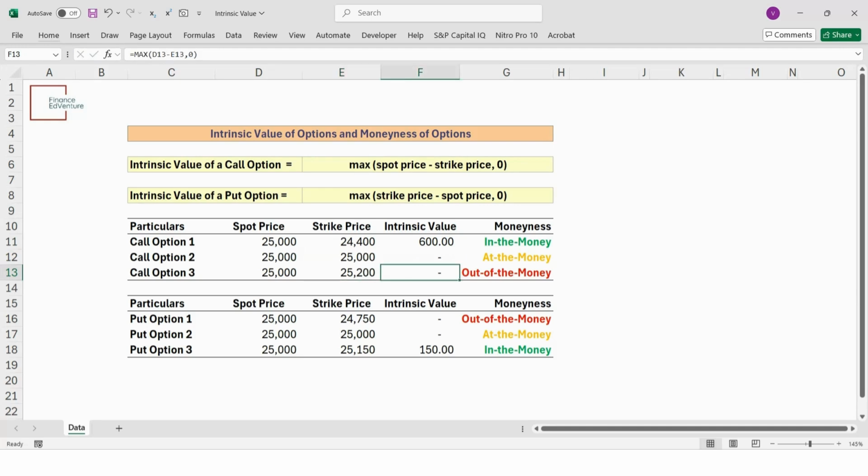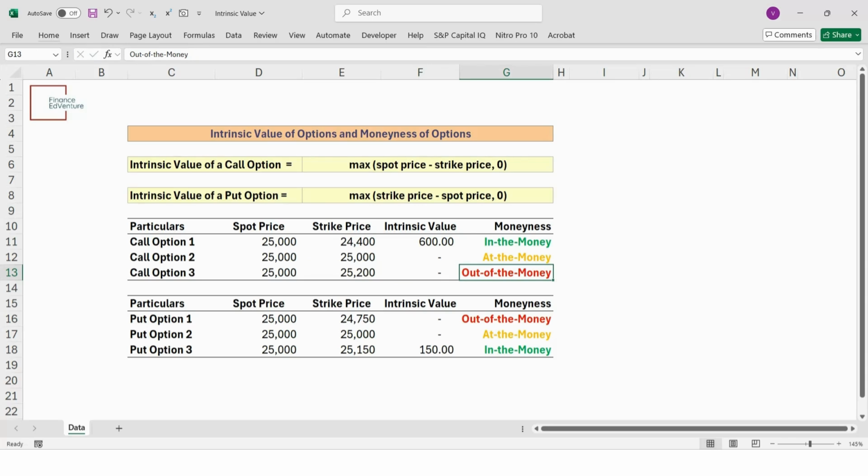And in such a case, although the spot minus strike difference is minus 200, the intrinsic value, as I said, cannot be negative. And therefore, the formula takes the floor value 0 and shows me an intrinsic value of 0. This is an option which is out of the money.